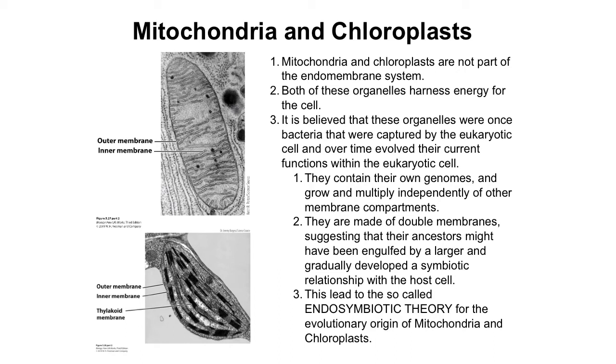For the chloroplast, it is currently believed that they might have originated from ancient photosynthetic bacteria, perhaps similar to the ancestors of cyanobacteria, whereas the mitochondria might have evolved from bacteria that do not perform photosynthesis.